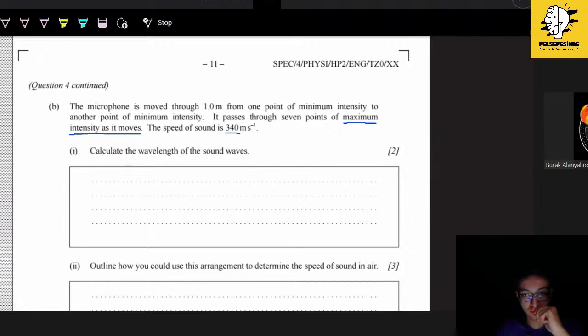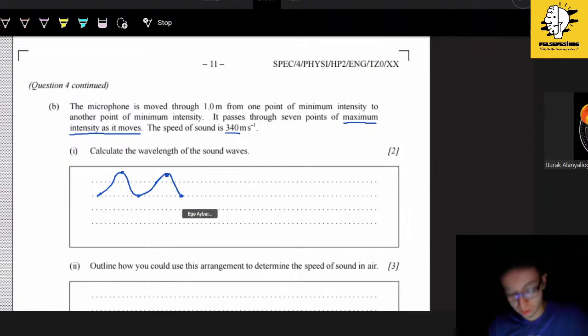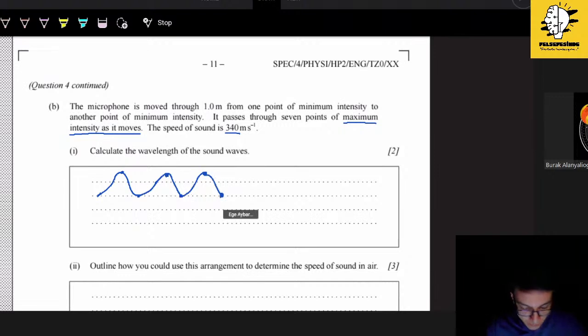Okay, let's write this. Maximum intensity is the peak part, right? So it will go like this. It says there are 7 points of maximum intensity. So this is our one wave. This is the second maximum intensity. It goes for another 3, 4, 5, 6, and 7.